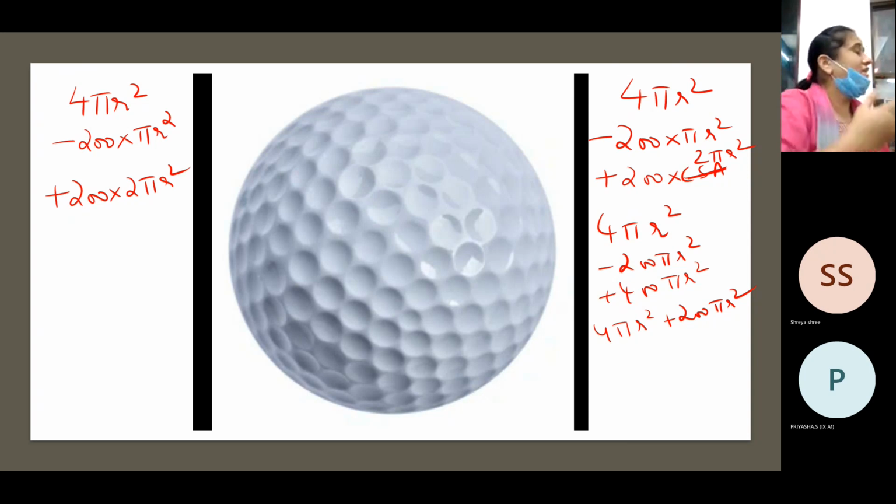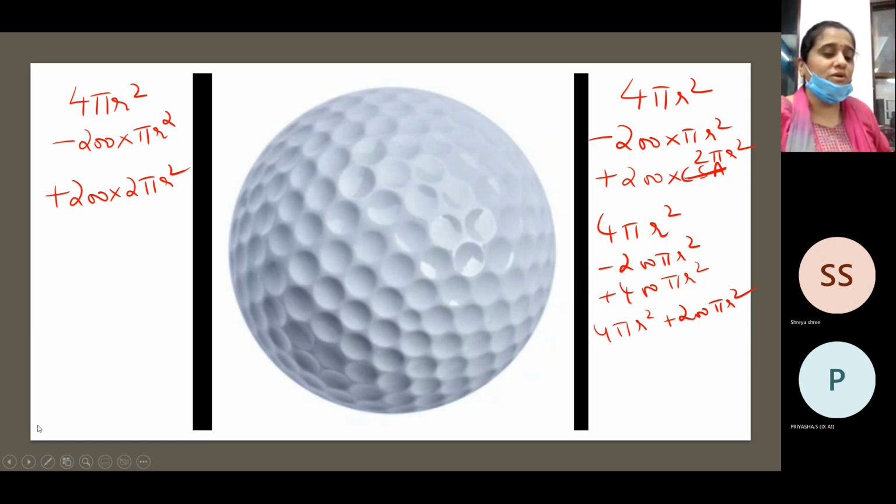In that, you do not have the area of 200 circles. So minus 200 into pi r square. Now more area is created because of the hemispherical depression. That extra area is the CSA of the hemisphere. So we should add 200 into CSA of each hemisphere.